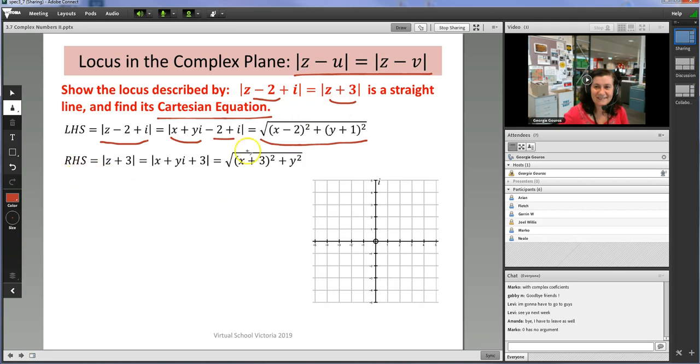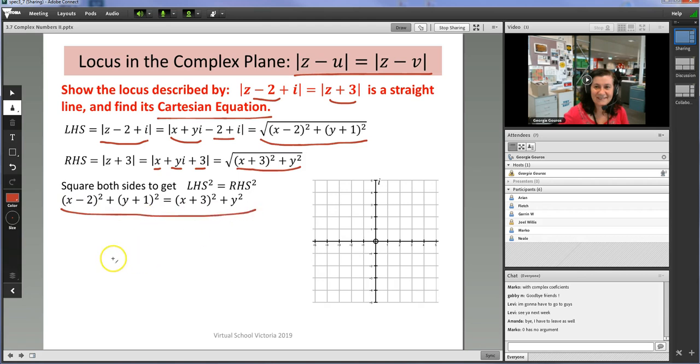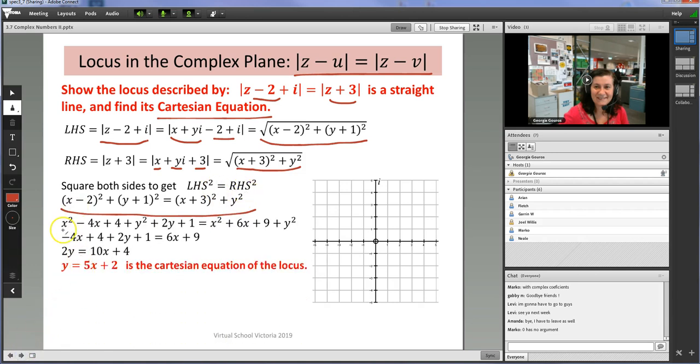To do that for the right-hand side, z plus 3, the modulus of that can be re-expressed as x plus yi plus 3, and we can work out the modulus of that side. And we can equate them together. When we equate them together, we can square both sides, square the left-hand side and square the right-hand side, and we're going to end up with an expression.